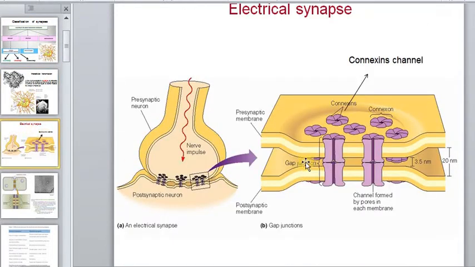Let's discuss electrical synapses. They are only possible when two cells are connected by special channel proteins. The synapse can travel in both directions. This is rare.